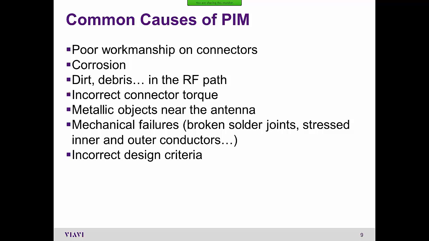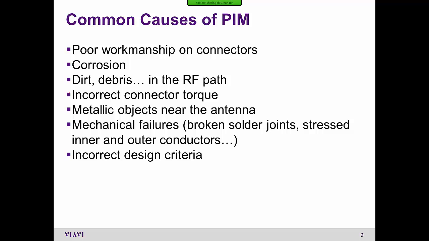If something's assembled with a little bit of debris or dirt or metal shavings in the RF path, that can create PIM as well. Another real common problem is incorrect connector torque. Those connectors are designed and have to be torqued within specifications or they'll produce PIM.